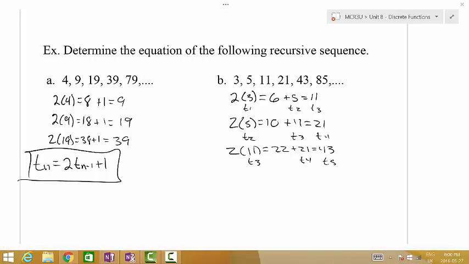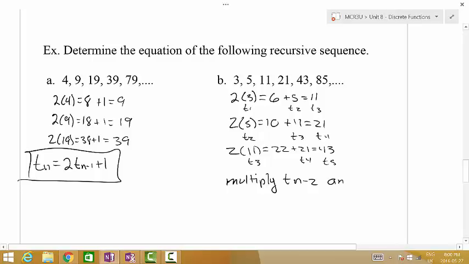So the pattern seems to be, we multiply the term that's 2 before it, and add the term that's 1 before it.